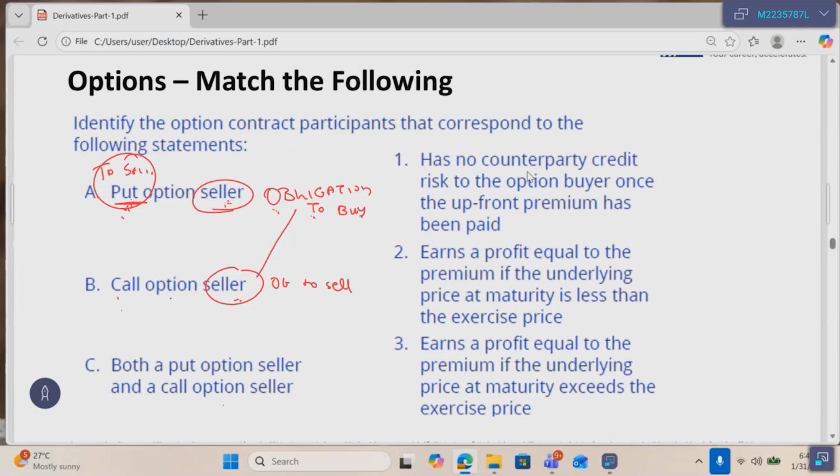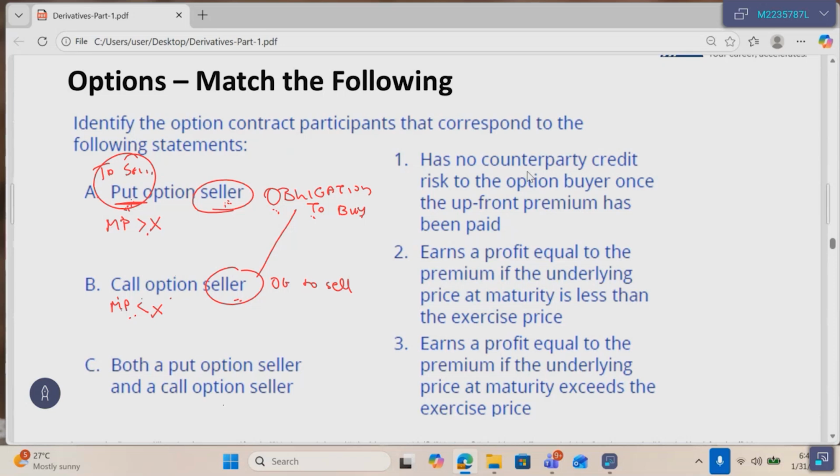When will it be useless? When the market price is more than the exercise price. Then it's useless. And the call is useless when the market price is less. Because this guy wants more and this guy wants less. So if the market price is less, then it's useless for the call, because the market price should go up for the profit.